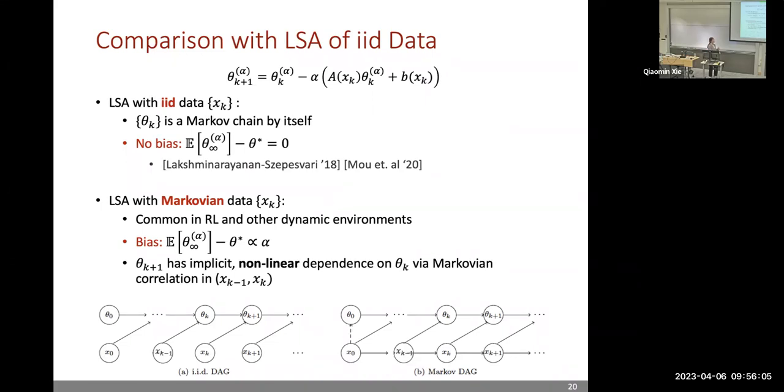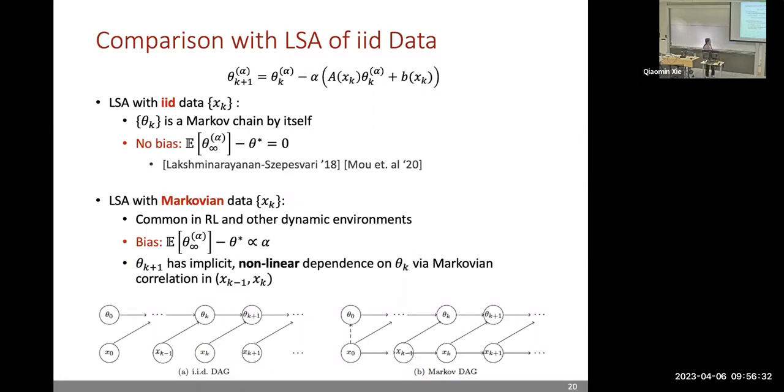But on the right-hand side, this corresponds to the setting where the data have Markovian dependence. One important thing here is that the parameter theta k+1 at the next iteration depends on theta k through the linear update, but also has implicit dependence due to the Markovian correlation in the X k sequence.